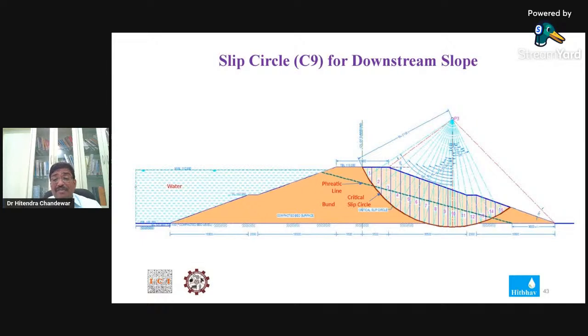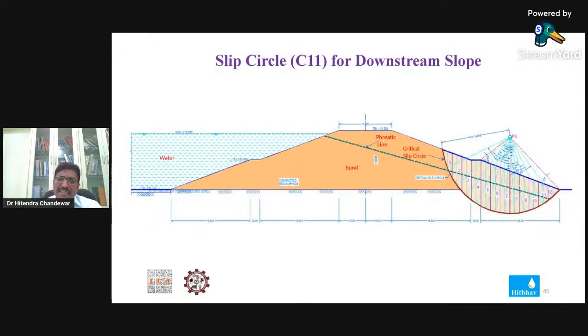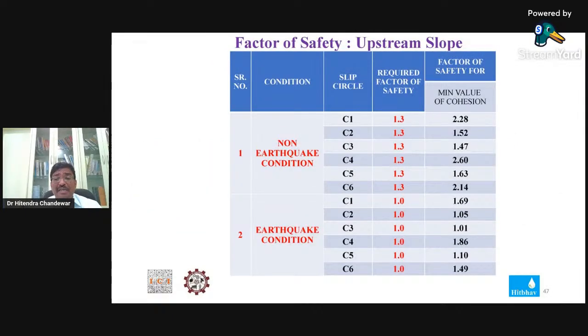The next one starts from the inner edge of the berm. There are n number of circles, but the designer can decide which are the critical slip circles, and with all these critical circles we have to find out the required factor of safety.